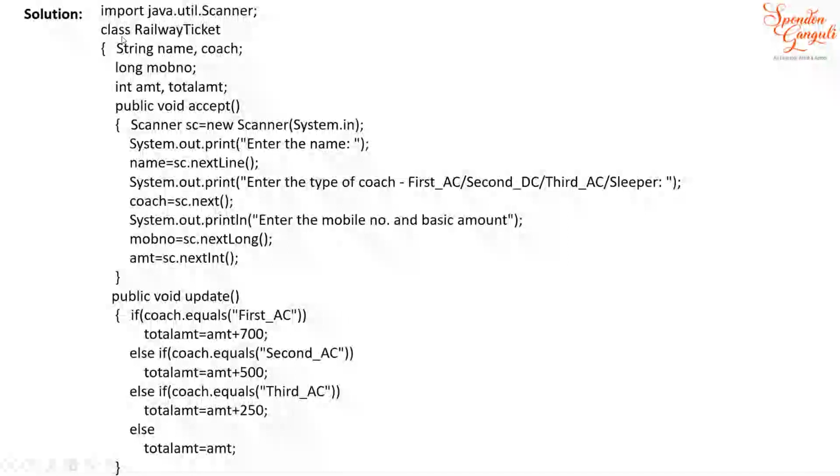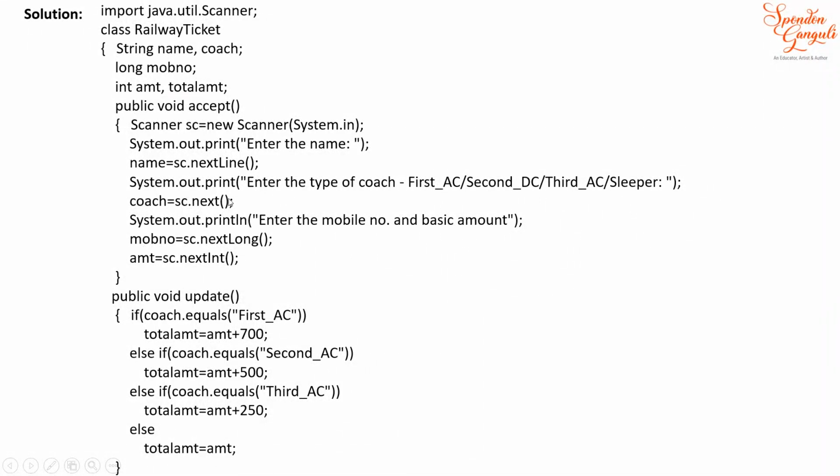So we have the class followed by the data members declared here. You can make it in separate lines. I make all similar type of variables in one line to keep the number of lines less. So String name, coach, long mobNo, int amt, total amount. The accept function is taking the input.